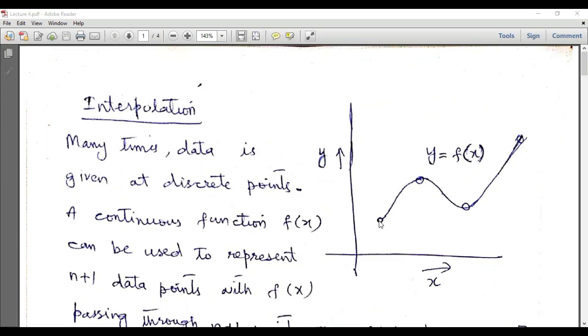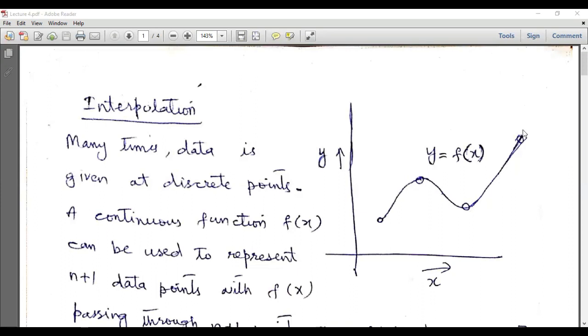For example, the value of the data is given at this point, and at this point we don't have any information, but we can do interpolation and estimate the value of the function at this intermediate point. Similarly, we are given the data value at this point, so we can do interpolation and estimate the value of the data at this point, similarly at this point.